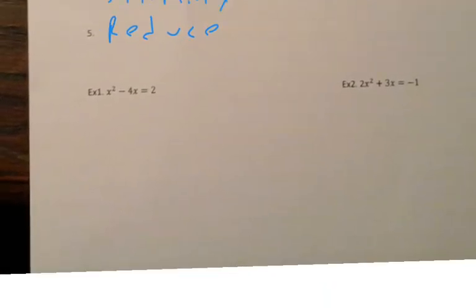Alright, so looking at example 1, x squared minus 4x equals 2. We look at our first step, and it says put the quadratic in standard form. And we remember that standard form is ax squared plus bx plus c equals 0. So we're going to subtract this 2 over, and we're going to end up with x squared minus 4x minus 2 equals 0.